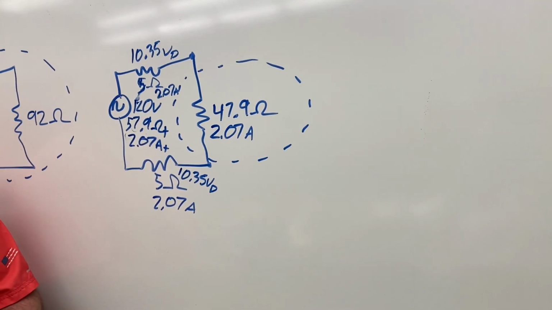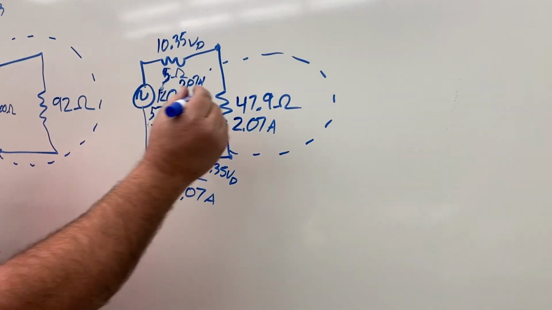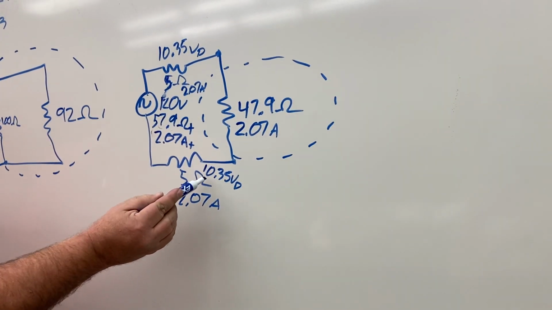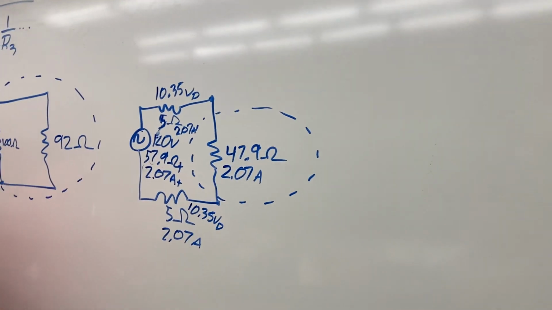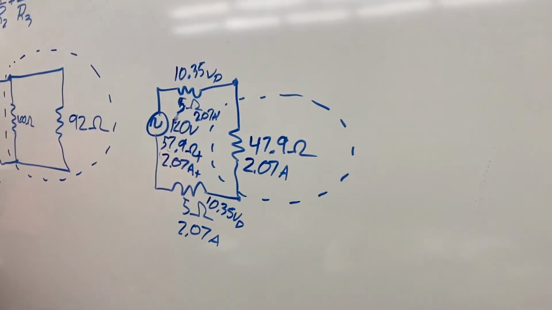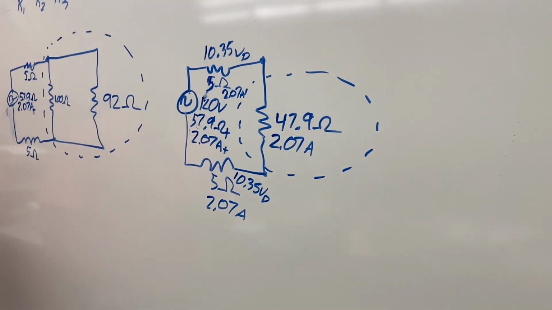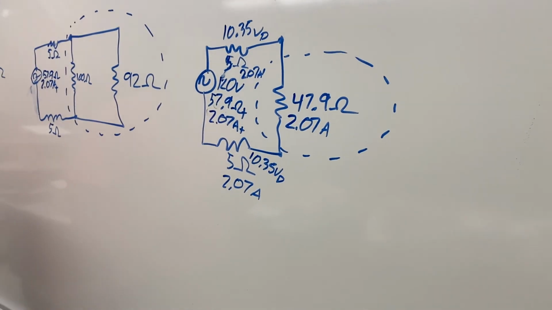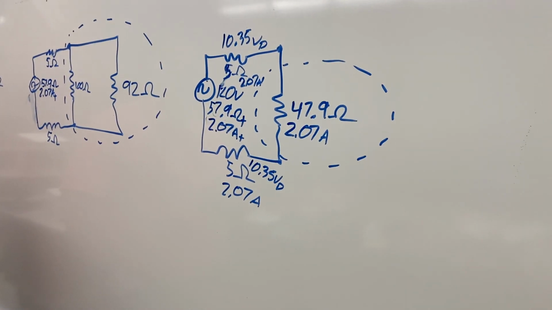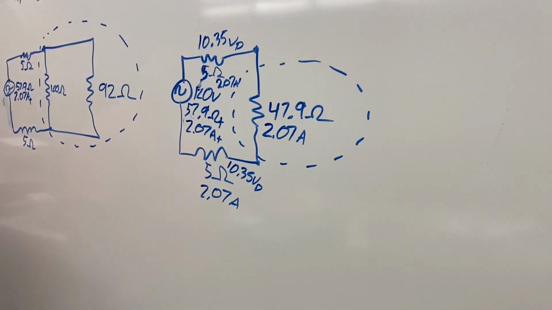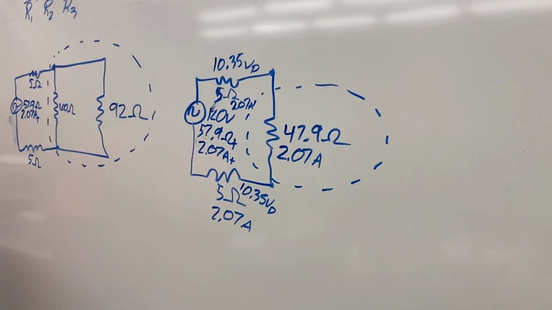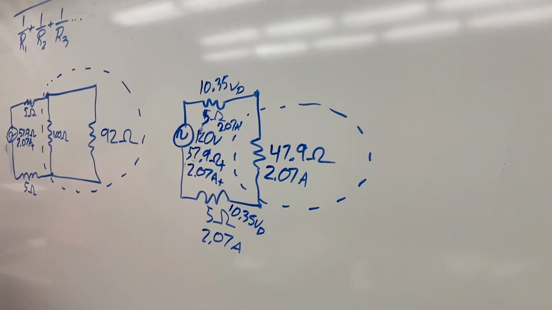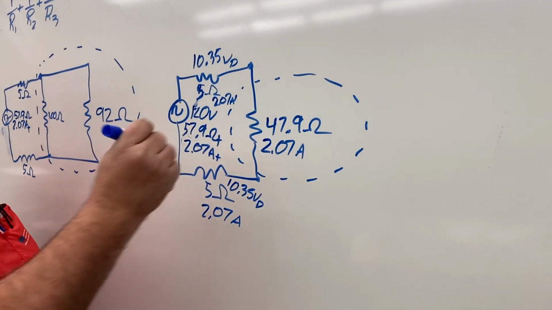It's what? 37? I doubt it's 37. If this is 10 and this is 10 and I'm subtracting that from 120, I'm going to have a lot more than 37. 47.9 times 2.07. Oh, 99. 99 point what?